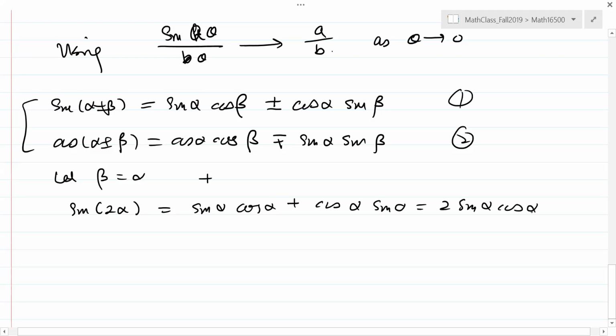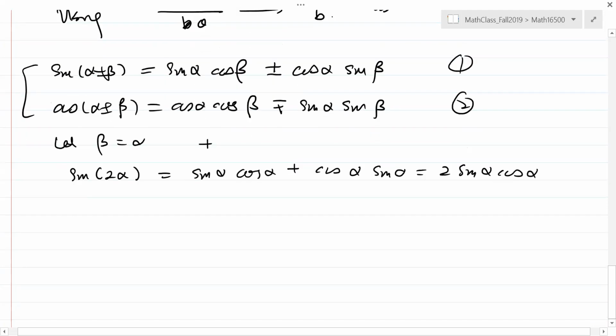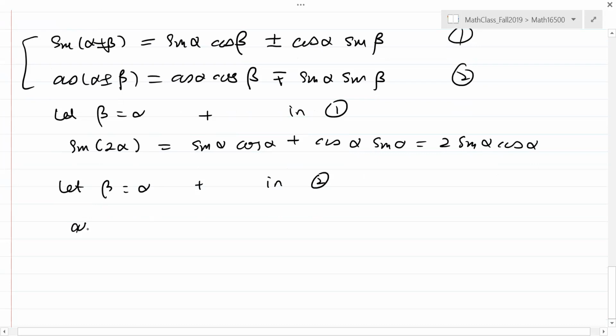This is a formula we're familiar with, right? This is equation 1. If you also let beta be alpha and choose the positive sign in equation 2, you get cosine 2 alpha, because alpha plus alpha gives cosine alpha times cosine alpha, so cosine squared, minus sine alpha times sine alpha.